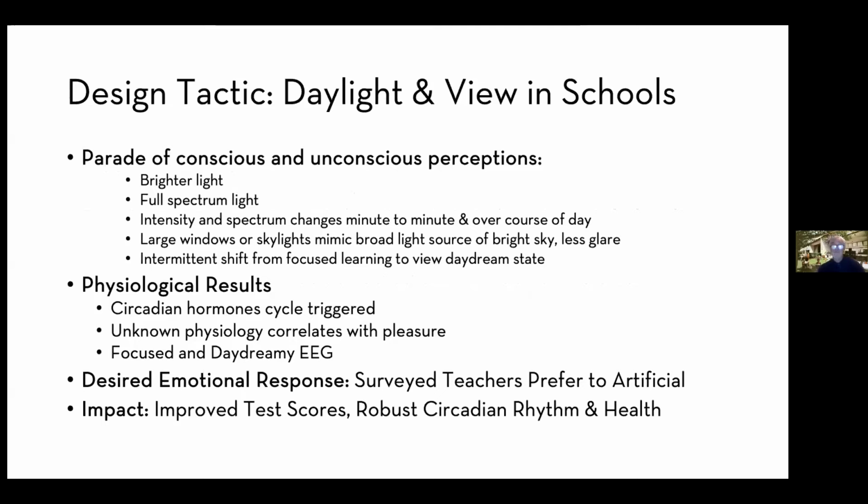I've shown you the illustrations of how the light and how the views were brought into the interior of the structure. So the parade of conscious and unconscious perceptions are much brighter light than artificial light, a full spectrum of colors in the light, an intensity and spectrum changes that change minute to minute as the sun goes behind the clouds, and then over the course of the day as the sun rises and sets.